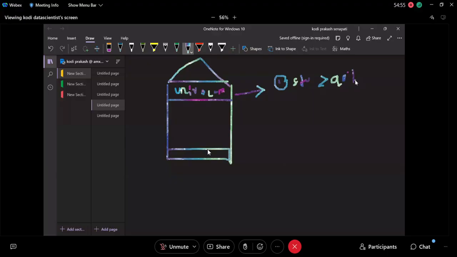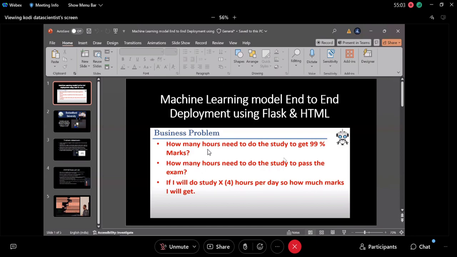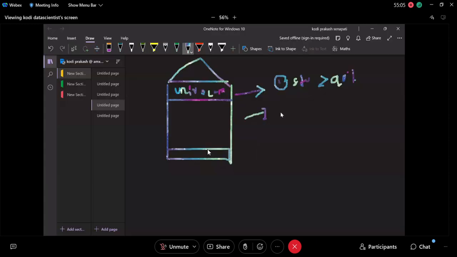Clear, guys? So they have a use case: how many hours should students study to get 90% marks. This is the use case. Can we track with pen and paper? Yes, we can do that.